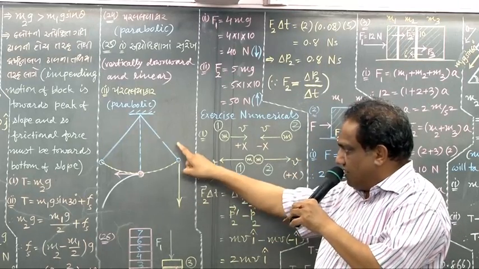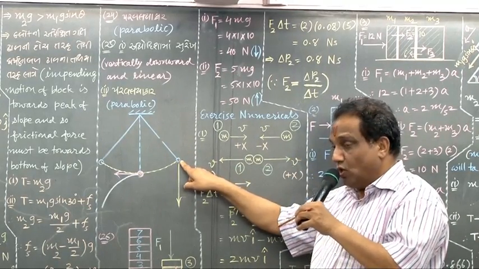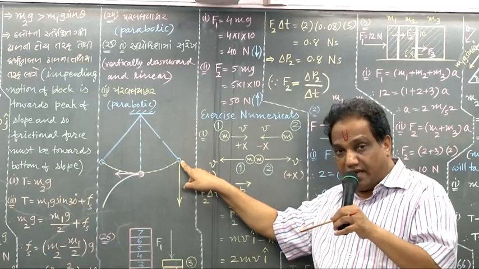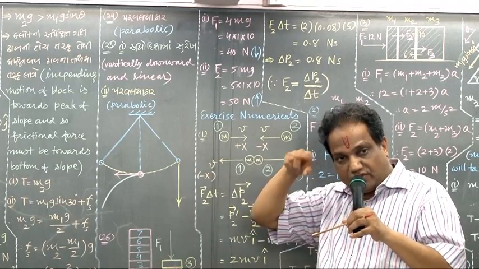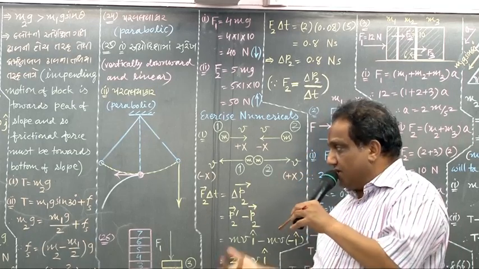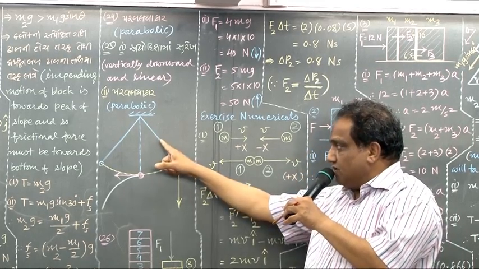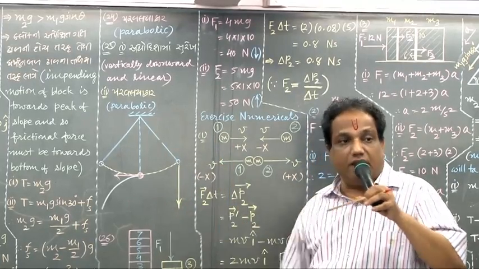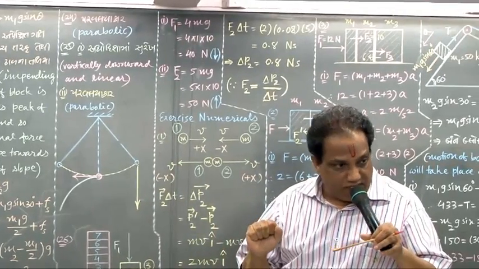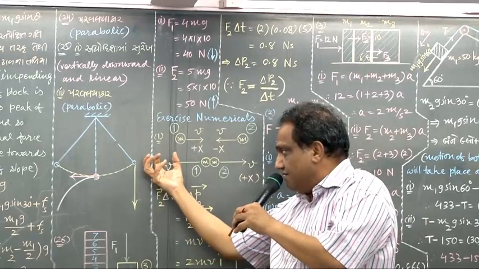So now, at the same moment, it has no velocity along any direction. So the initial velocity is 0. But then after, now it is not getting any support. So it is a body hanging in the air. And now there is gravity.